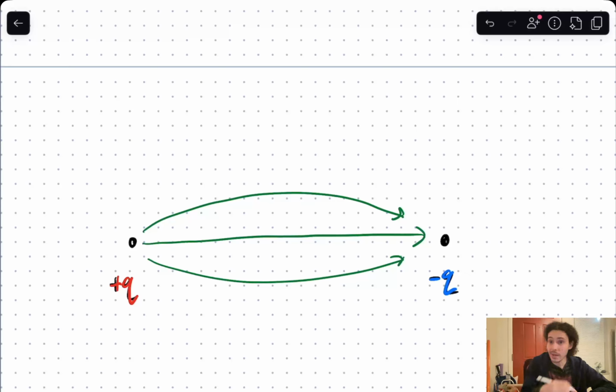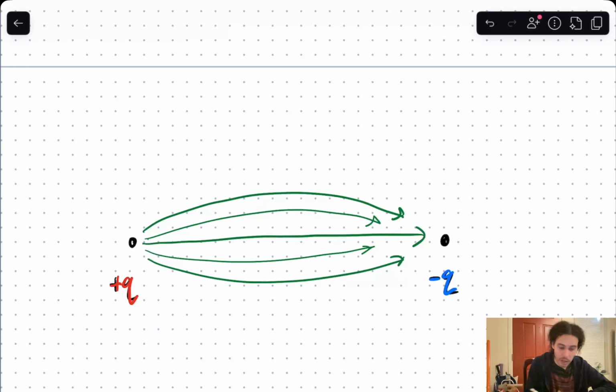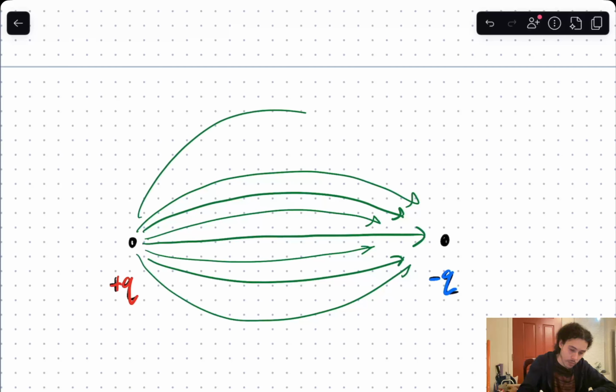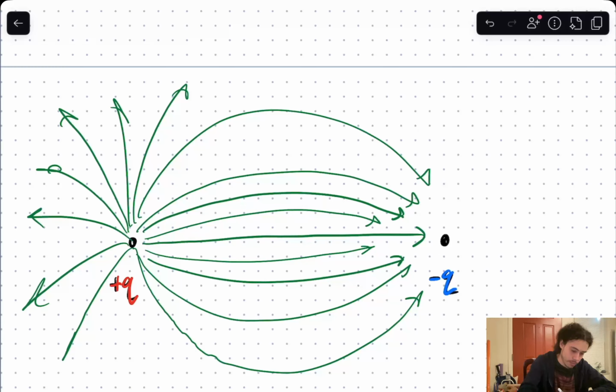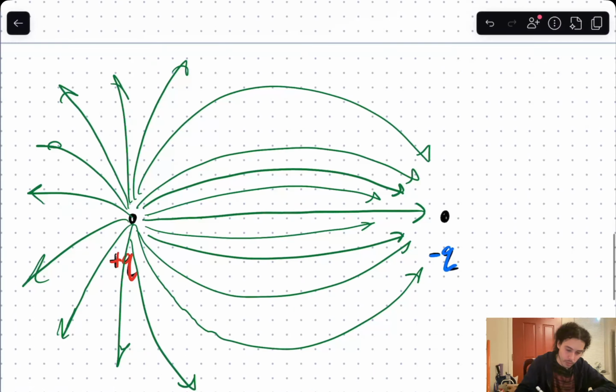Of course, there's going to be infinitely many of these little arrows here. Infinitely many of them. Generally, the electric field, okay, it's going to look something like this. It's going to connect down here.